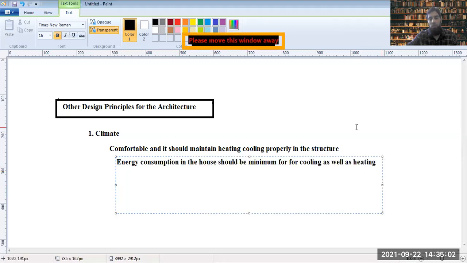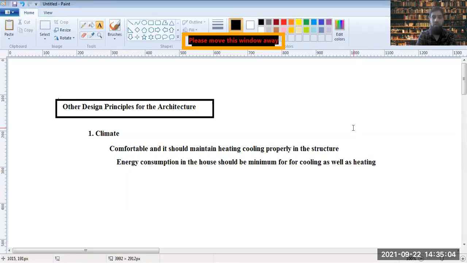We all know that around 40 to 50% of our energy in our houses is utilized for heating and cooling of our houses, whether it be using the fans and coolers during summers, and then using the heating appliances during winters.